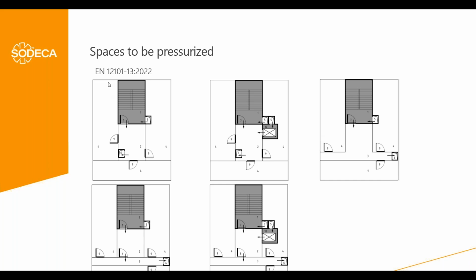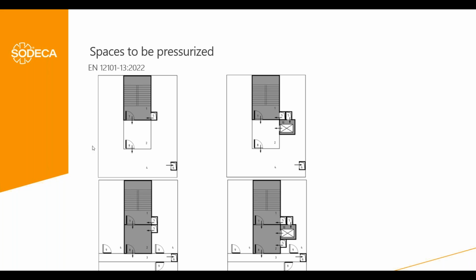We see that we have systems without the lobby pressurized, with or without the lift shaft, and with the air release from the lobby or the air release from the corridor. And we also have systems where the lobby is pressurized, and also the lobby and the lift shafts pressurized.